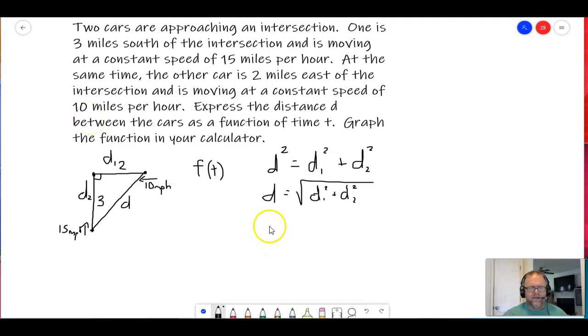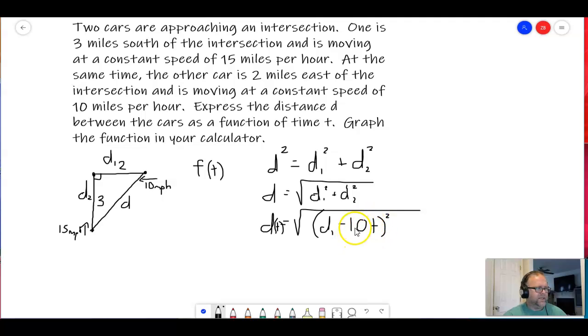So what I'm going to do now is say d, our distance, is equal to, so I'm going to take this d1 here, and for the d1 I'm going to subtract, d1 is over here, so this is 10 miles per hour. So that's going to be minus 10t squared. And remember, this is going to be a function of time.